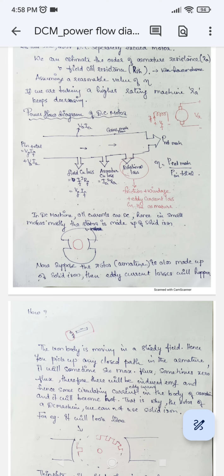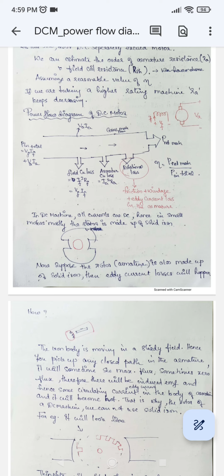Generally Vf will be equal to Va. We just give the voltages separately, but the magnitude of the voltages which is given to the shunt field and to the armature will generally be same. So let us look into the power flow diagram.